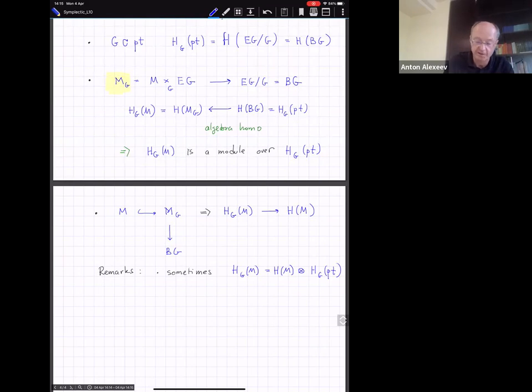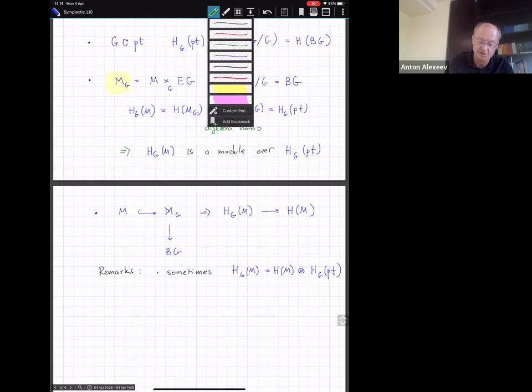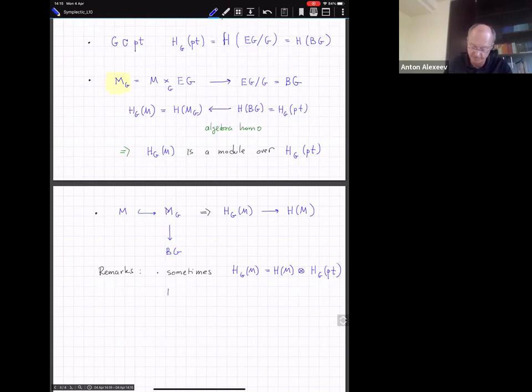In this case, we say that M is equivariantly formal. This is just a word for it. You will see examples of such situations in the problem set.